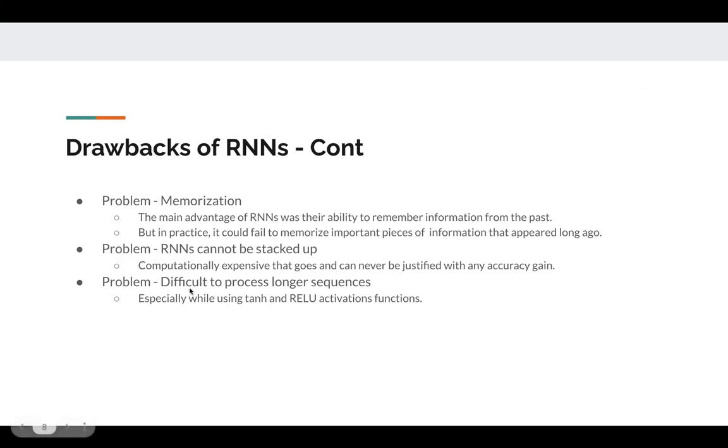And one more thing is it is difficult to process longer sequences, especially with TANH and ReLU activation functions, because ReLU has this shape, and TANH has this shape. As the input goes up, it becomes saturated, so the weight doesn't move much. In this case, if it is 0, it becomes utterly useless.